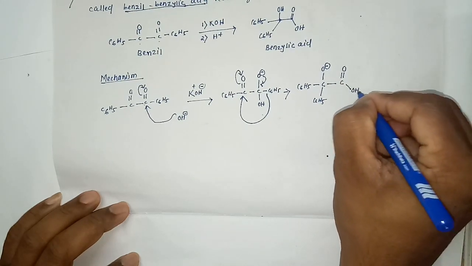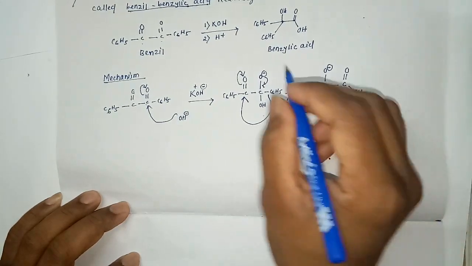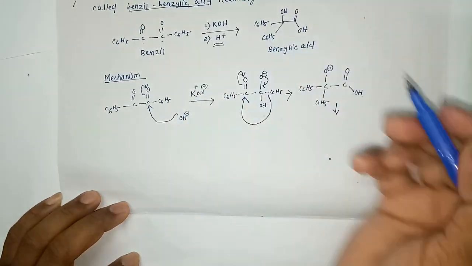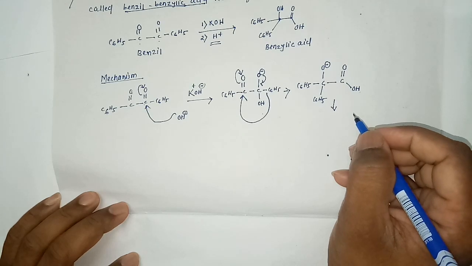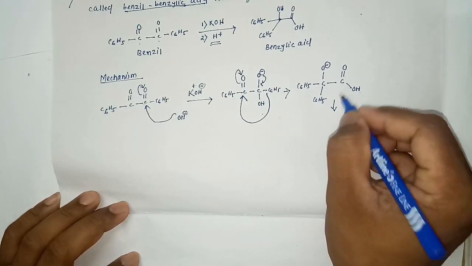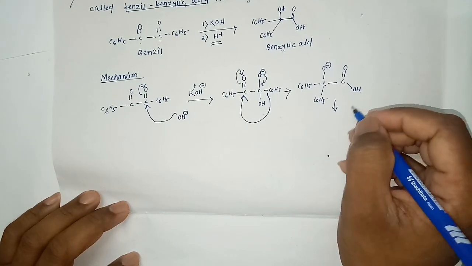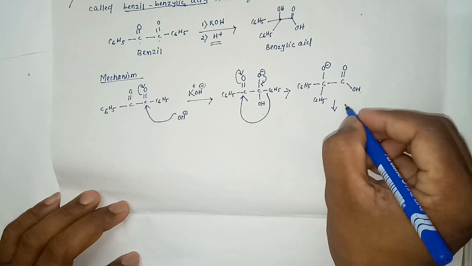Now we have H plus ion. This is also called a 1,2 hydride shift, or we can say a proton shift.